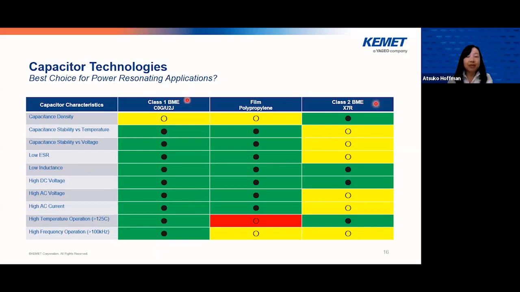When you look at this matrix, you can see that class 1 dielectric C0G or U2J MLCC can provide most of the desirable capacitor characteristics for the resonating application.